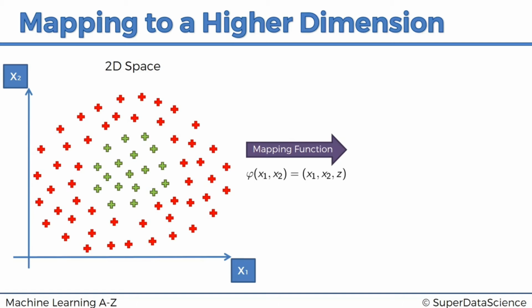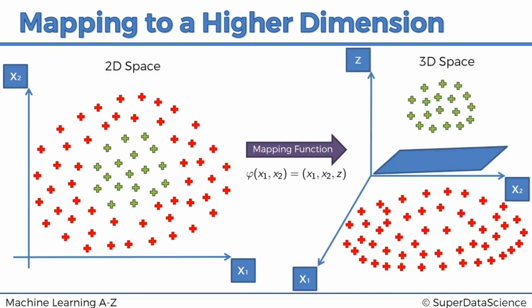We've seen empirical evidence that it is possible to do, and the same thing applies to two-dimensional space moving into a three-dimensional space. You would map it into a three-dimensional space, and then somehow it would become a linearly separable data set in this space. And here we've got the new dimension, which is Z, and in a three-dimensional space, the linear separator is no longer a line, it's a hyperplane.